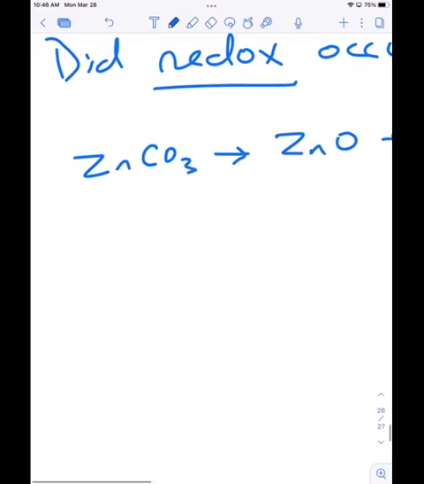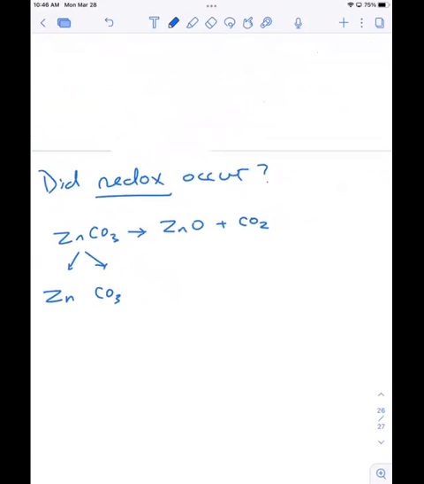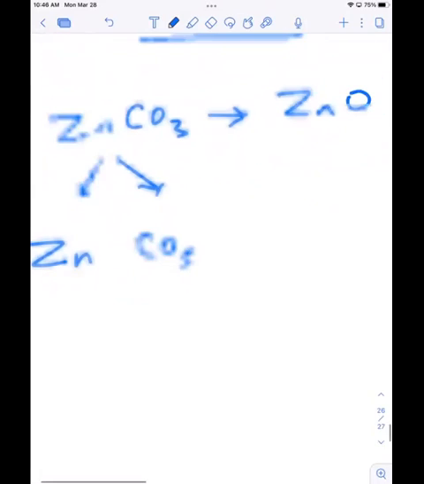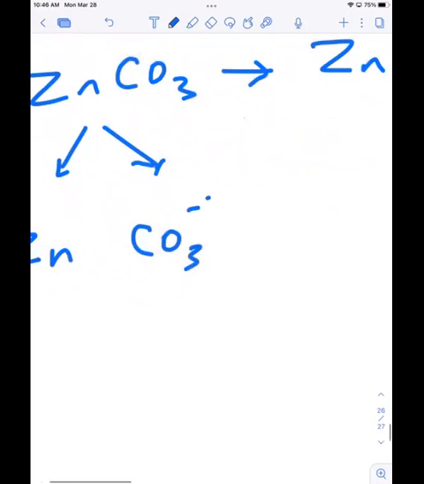This is a salt, so we can pull it apart. So this is going to be zinc and then CO3. It does have a charge now. And it's already balanced, so we don't worry about that part. Anybody? Going once, going twice. I'll buy myself lunch.